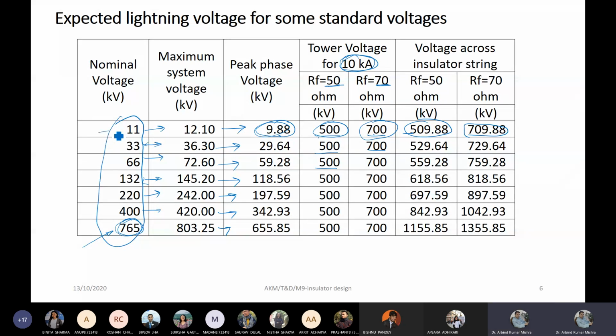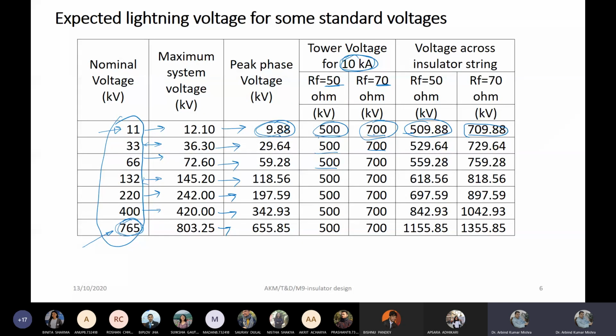Yes, we mentioned in the very first class that going for higher voltage is always advantageous from the conductor cost point of view, but we do not go that way because the insulation cost increases.